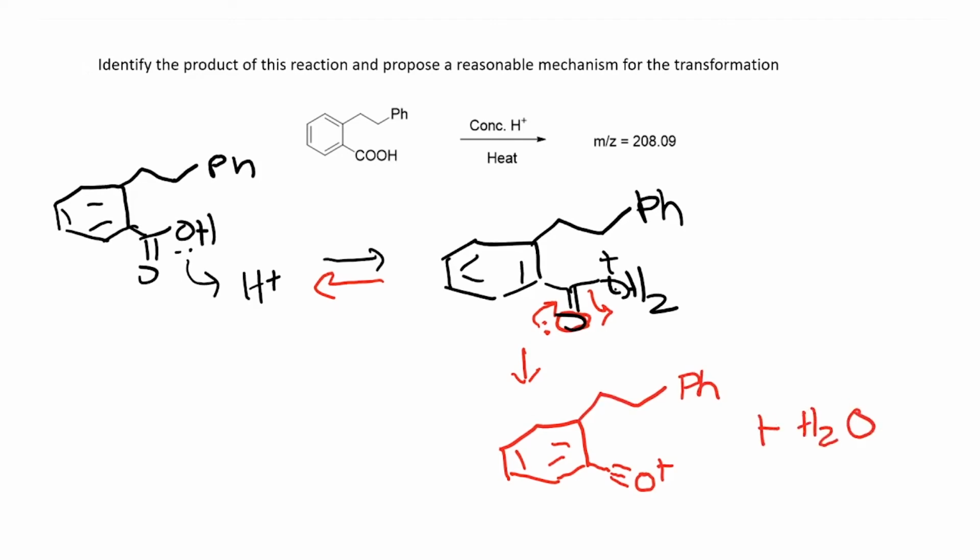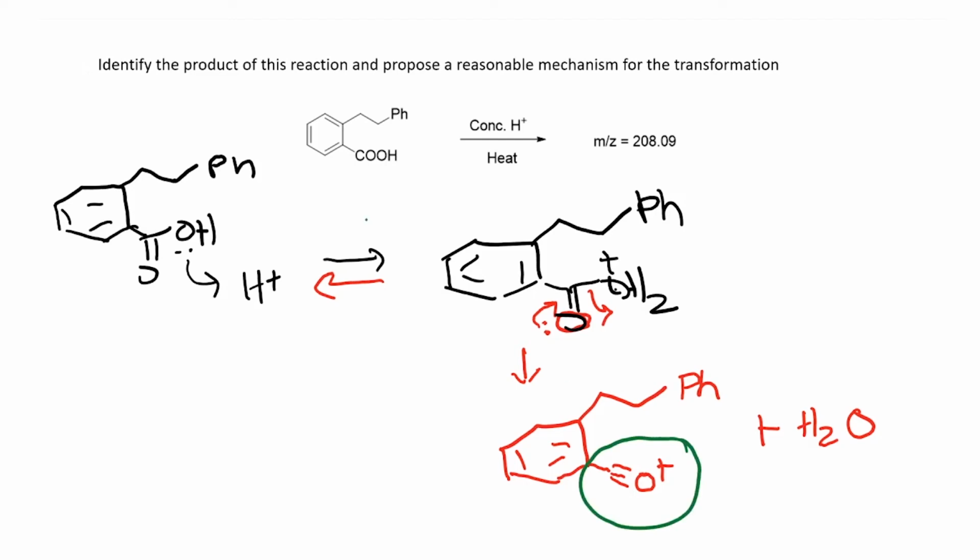Okay, so now depending on how reactive this molecule is, it can sometimes react again with water to give you back the starting material. But since we are familiar with the Friedel-Crafts acylation reaction, you will immediately recognize that this is the acylium ion, which is a key player in the Friedel-Crafts acylation reaction.